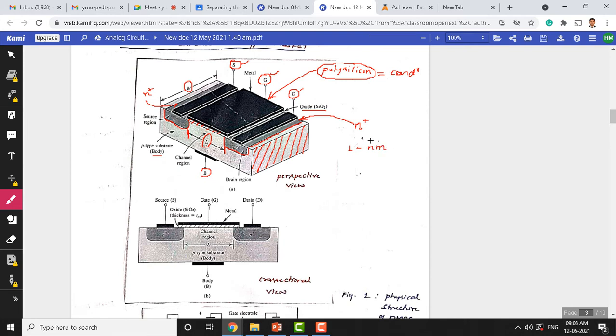Earlier in the 1980s, L is called the technology, or feature size as we call it. Though our textbook that we are discussing describes designs in micrometer, currently the state of the art technology is in nanometer.